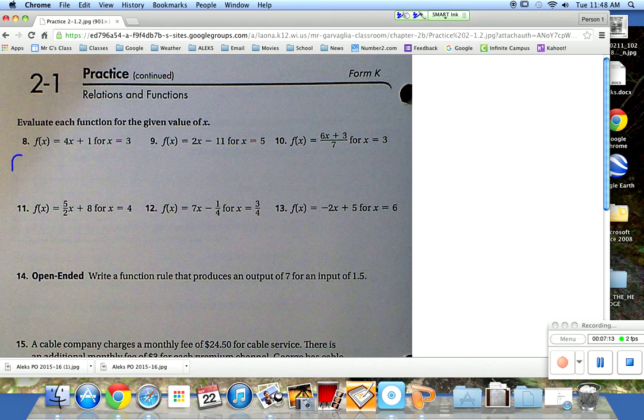I would write it as f of 3 equals 4 times, and I replace my x with a 3, plus 1. So f of 3, the function with 3 for x, we just replace the x with the 3. And then we can figure it out. f of 3 equals 4 times 3 is 12, plus 1 is 13.